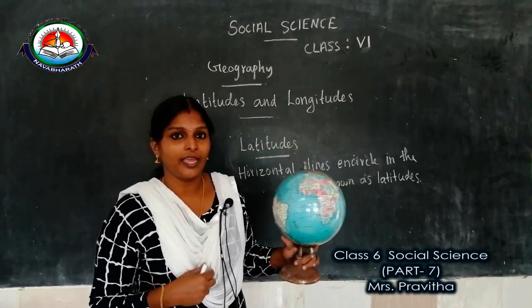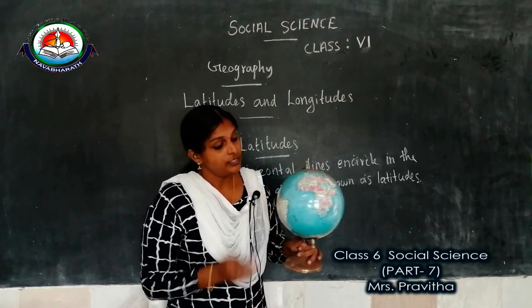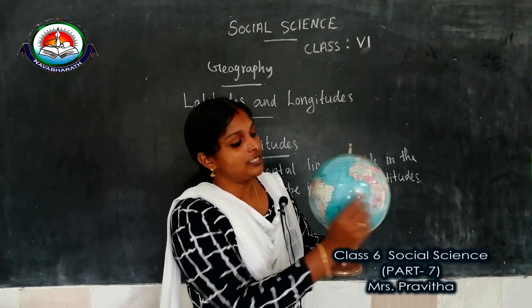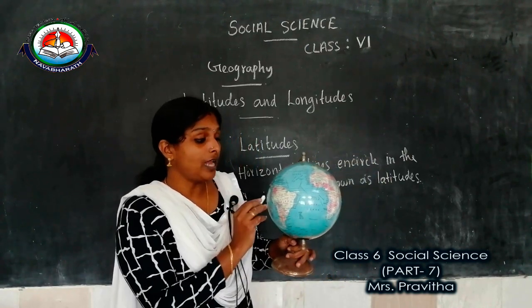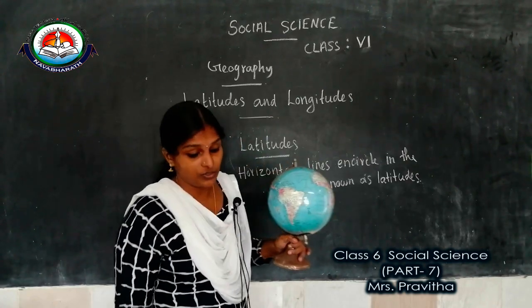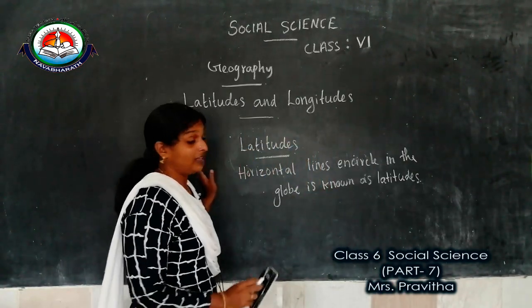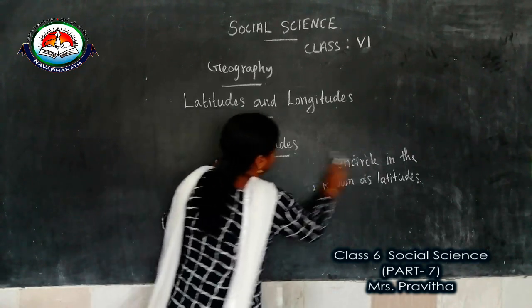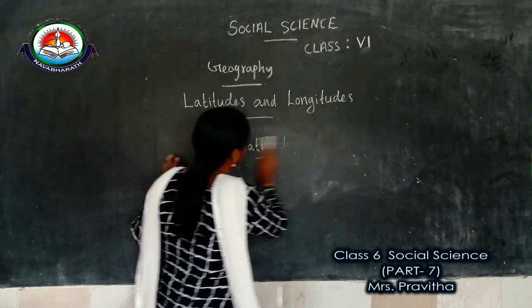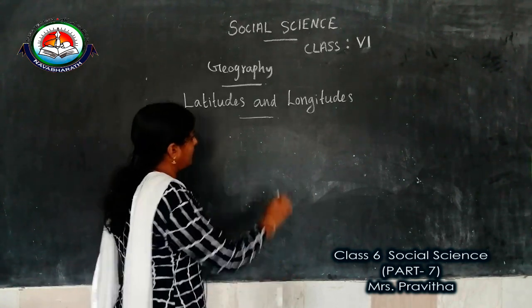Now we will discuss which are the important latitudes. 0 degree latitude is the most important latitude. 0 degree latitude is known as the equator. I will draw it, children, then it will be very clear for you. After drawing and explaining, we will look at the globe, then it is very easy.